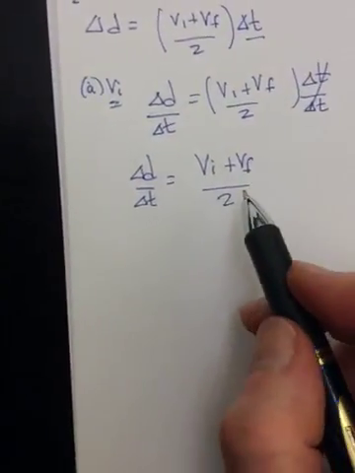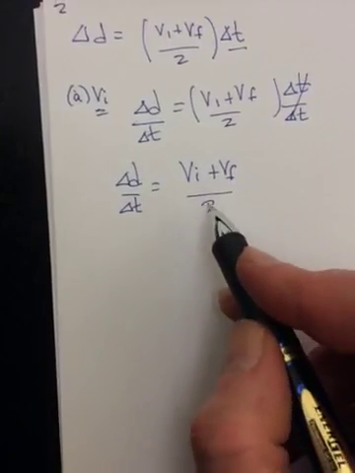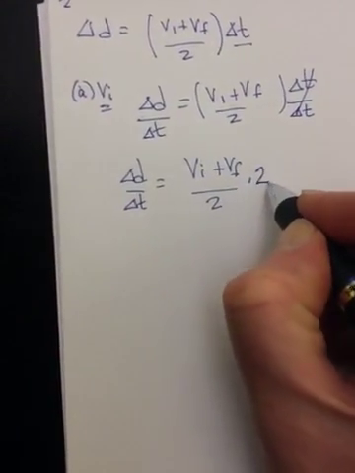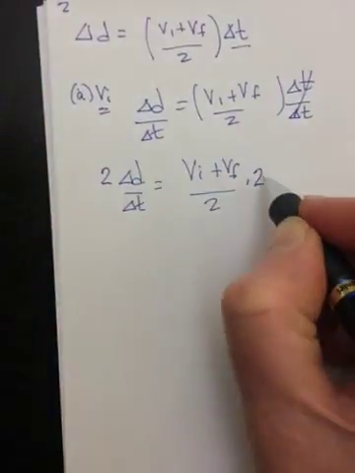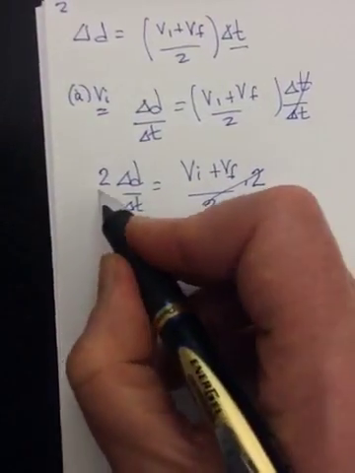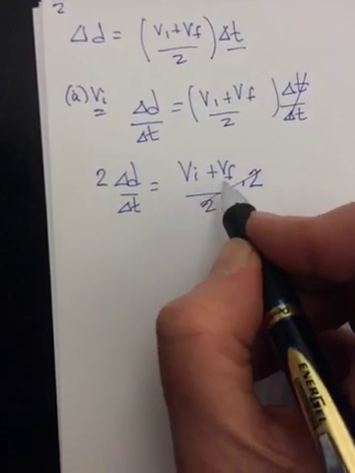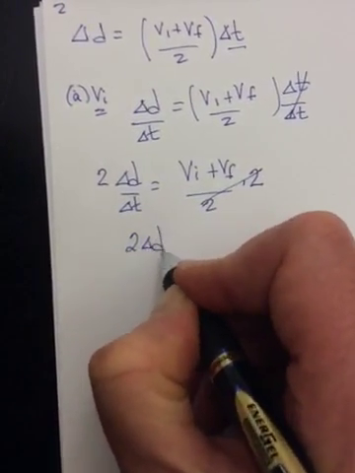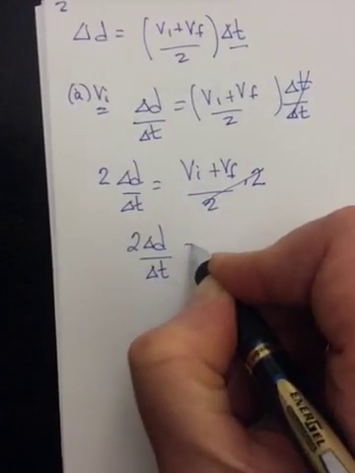We're trying to get the VI by itself, so we need to get this 2 off the bottom, so then the VI will be free. So to get the 2 off the bottom, multiply both sides by 2. Okay, so now the 2's gone, so you have 2 delta D over delta T equals VI plus VF, right? And so then what do you do to get the VI all by itself alone?